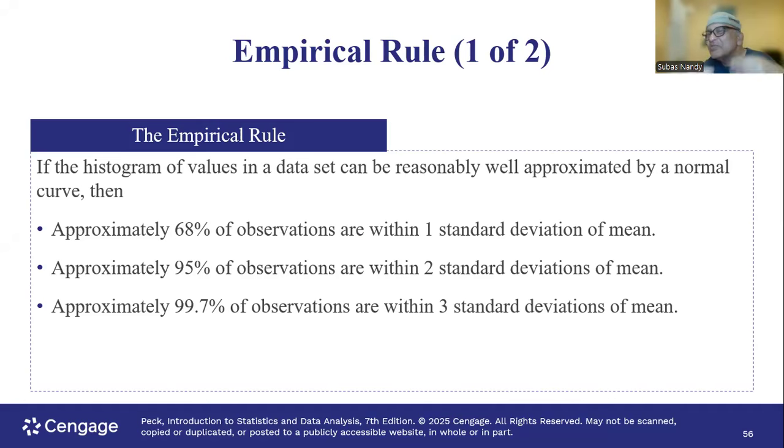That is, almost the entire data is within three standard deviations on the left of the mean and three standard deviations on the right of the mean. Now, three standard deviations means you multiply 3 with the standard deviation, get a figure, then add that to the mean to establish the right boundary, and subtract the 3 standard deviations from the mean to establish the left boundary.